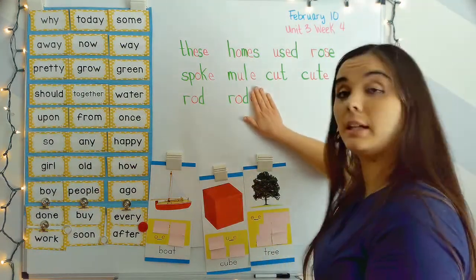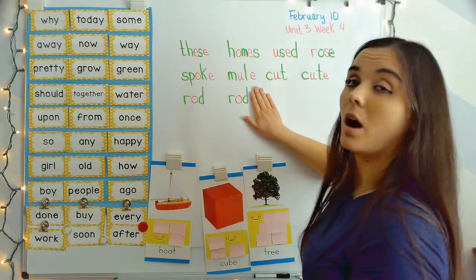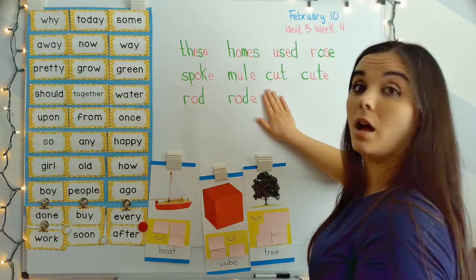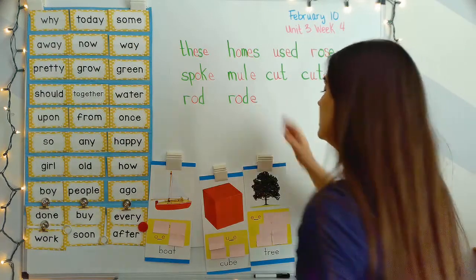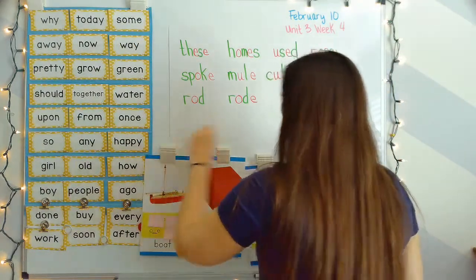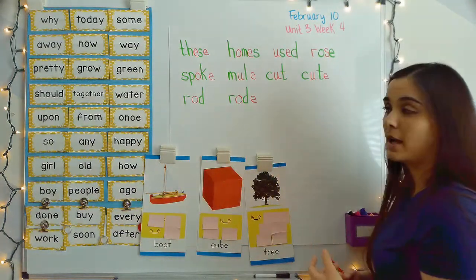So without the E, short O. Odd, rod. With the E, long O. Ode, road. And it's an entirely different word. Like I rode my bike.